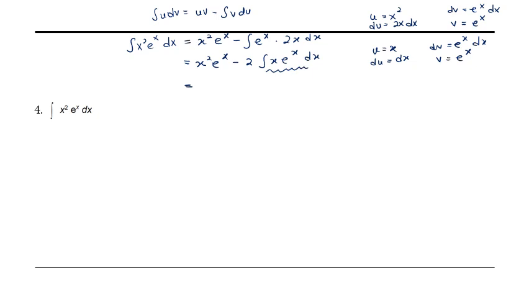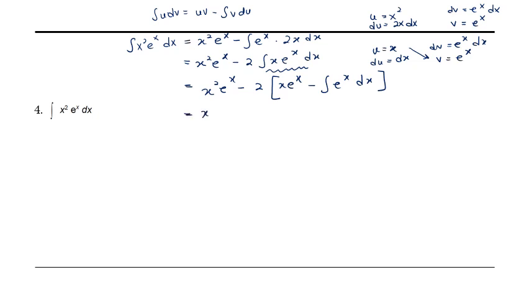Okay, apply lagi, cuma apply dia yang kat sini sahaja, sebab kita nak integrate. So, yang lain kena tetap je lah. Remain x square exponent x minus 2, buat kurungan. uv, so x exponent x minus integrate v exponent x du dx. Then kita boleh simplify.